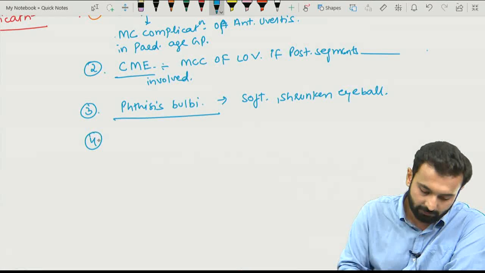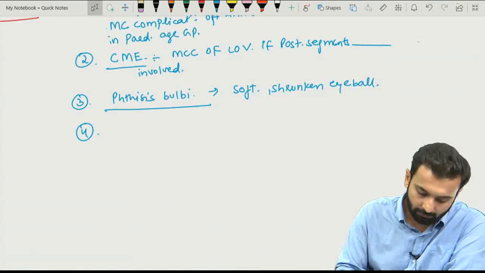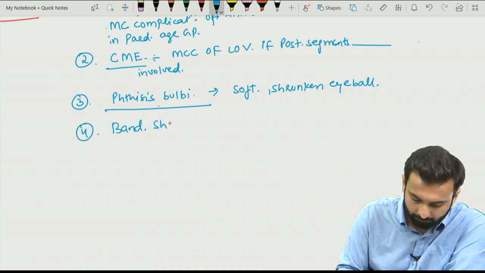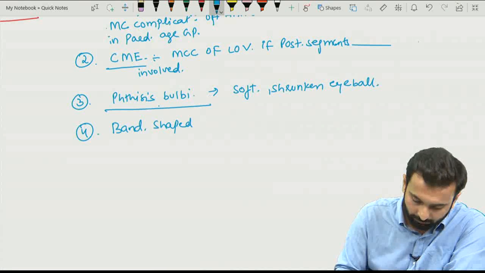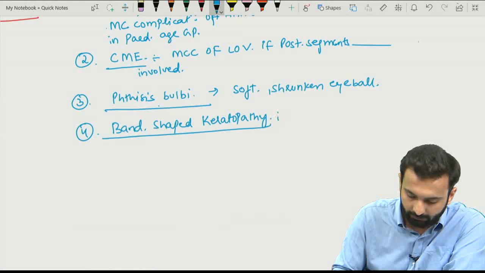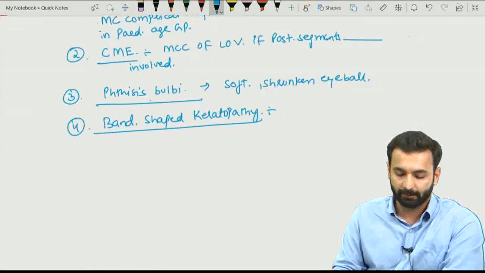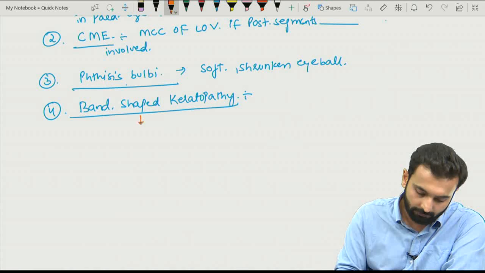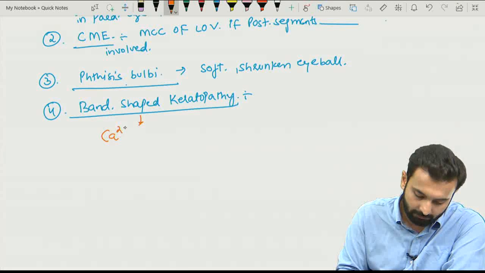And the last complication that you should know is important, band shaped keratopathy. Patient can develop band shaped keratopathy. What is band shaped keratopathy? This is what happens.